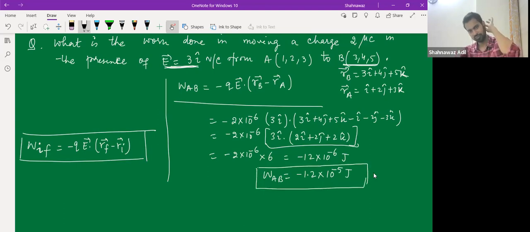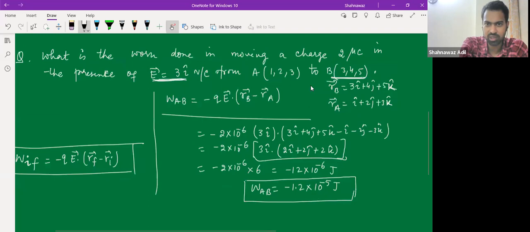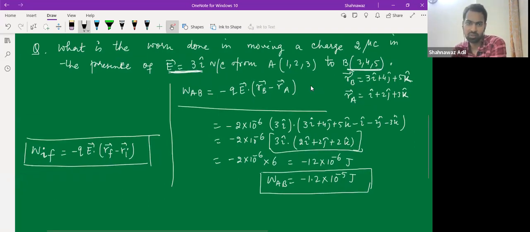Right, guys? Yes, sir. So you guys quickly note it down. Okay, so this is about the uniform electric field. Just remember that this is about the uniform electric field. For non-uniform, the work done would be in the integral form.